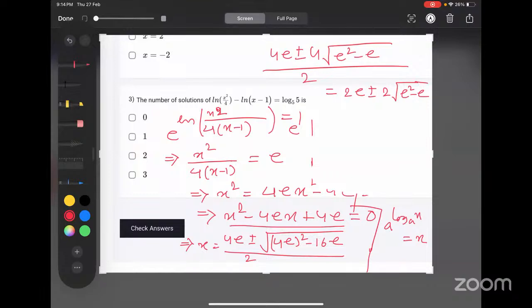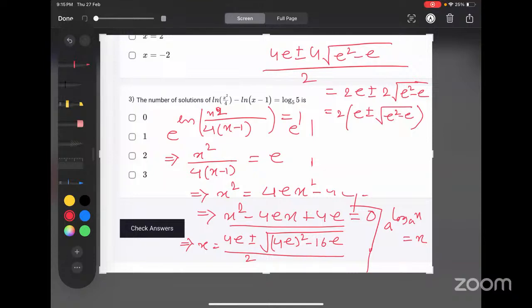So plus or minus is there. e square minus e is always positive, since root over e square is e, so root over e square minus e is less than e.